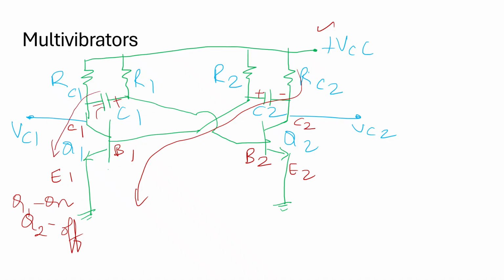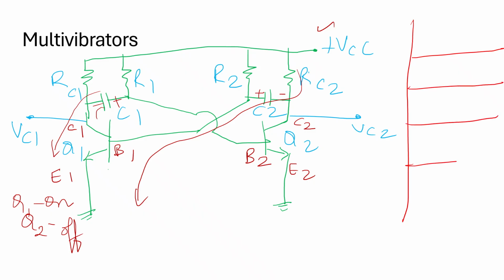So when we are supposed to draw the key waveforms and understand the operation of these parameters VC1, VB1, VC2, VB2.